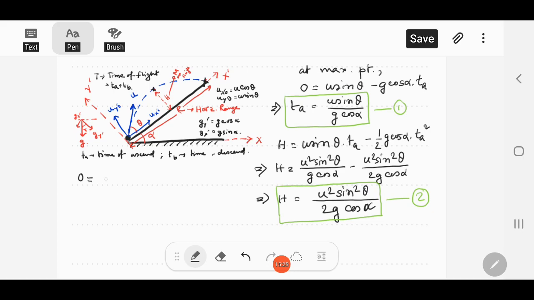That will be equal to u sin theta, the initial velocity, into capital T, the total time of flight, minus half g cos alpha into capital T square.